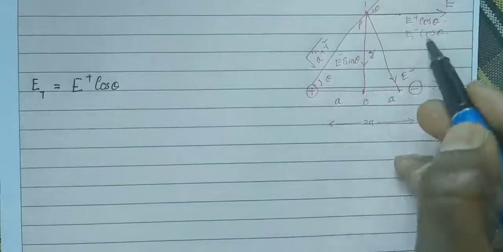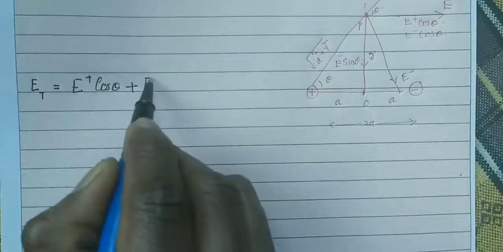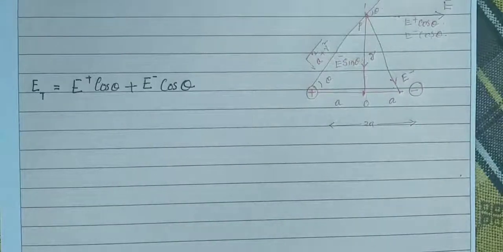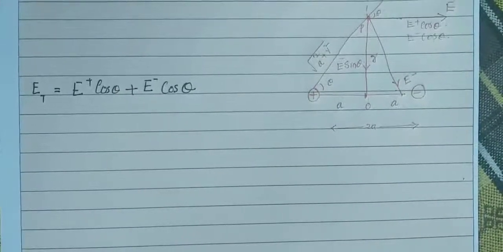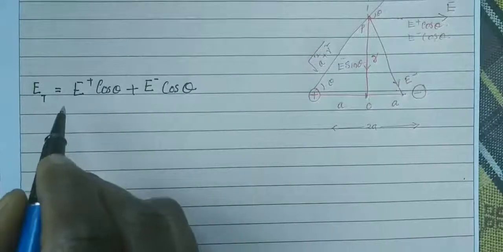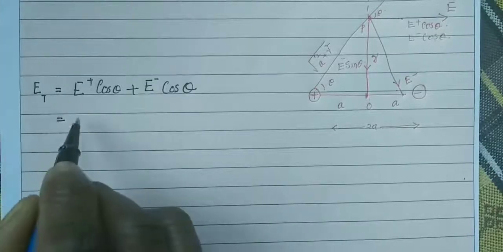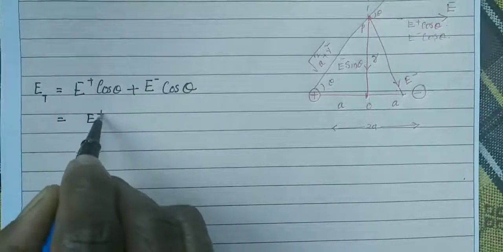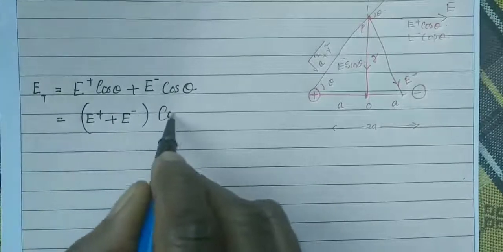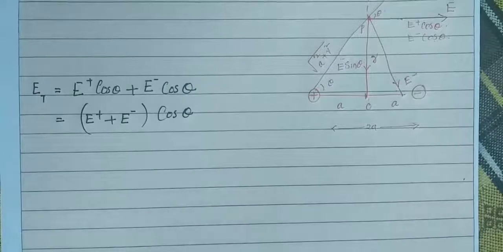So E total is equal to E plus cos theta plus E minus cos theta. So we can write it as bracket E plus plus E minus, into cos theta. Now from the geometry we can find cos theta, which is basically adjacent side divided by hypotenuse.